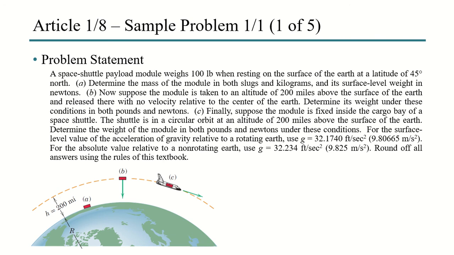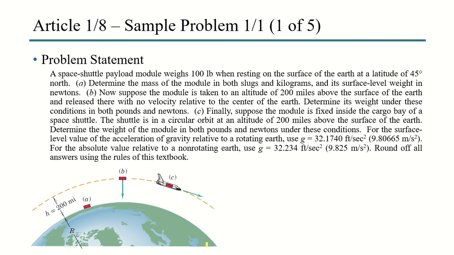That is equivalent to 9.80665 meter per second squared. For the absolute value relative to a non-rotating Earth, use g equal to 32.234 feet per second squared or 9.825 meter per second squared. Round off all answers using the rules of this textbook.